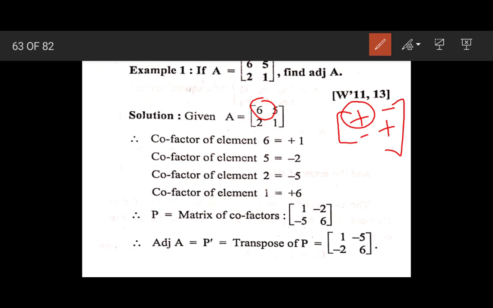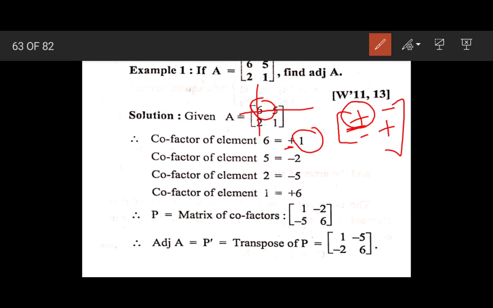So for finding the cofactor of element 6, take the sign from this matrix. So sign is plus, then delete the position of 6. What is the position of 6? First row, first column. After deleting first row, first column, the remaining number is 1.